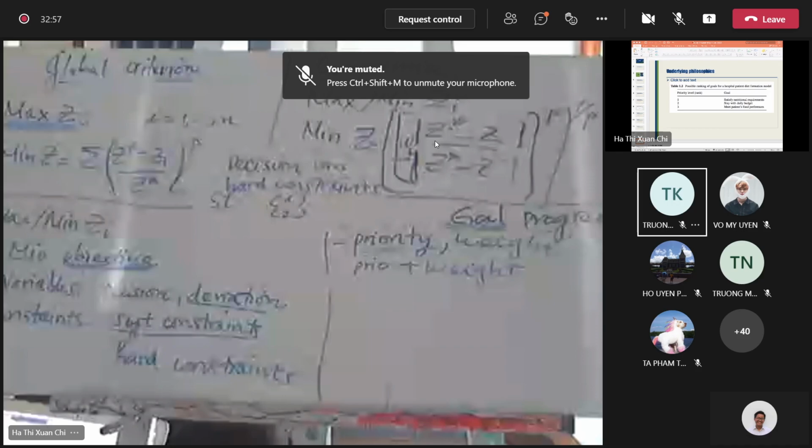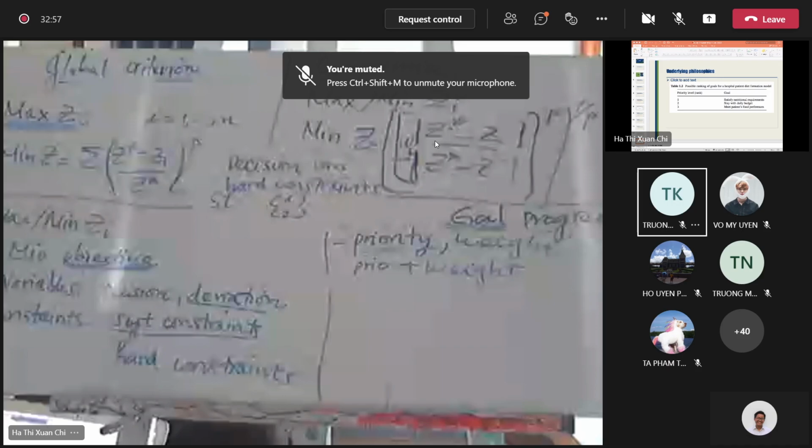I give you another example in goal programming. For example, if you have goal 1 and goal 2, in solution 1 you target goal 1 as 100, but you achieve 90. You target goal 2 as 100, you achieve 90.